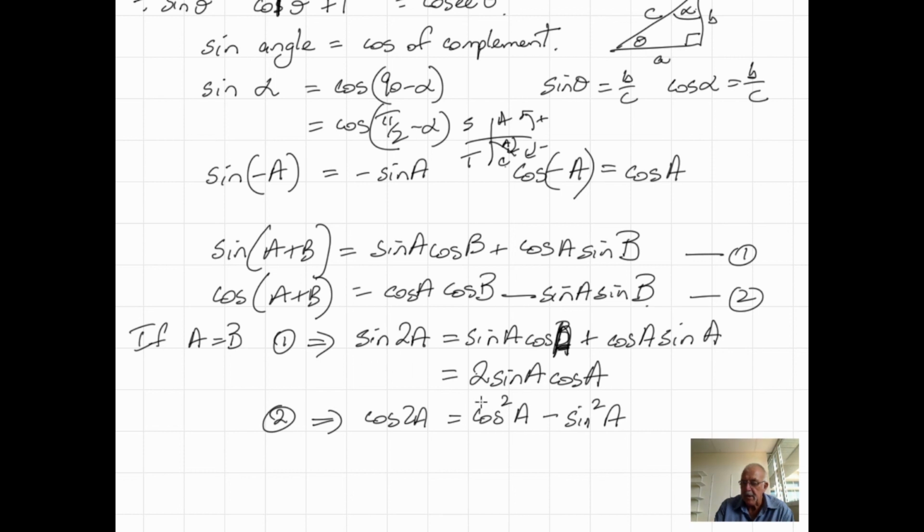So you've got sine 2A equals 2 sine A cos A, and cos of 2A is cos squared A minus sine squared A.